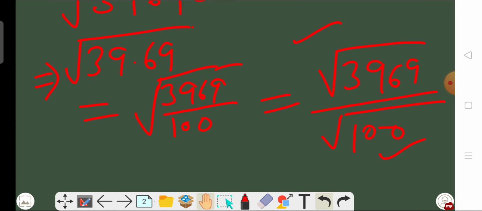For this, we can use any method which we want to apply. We will find the square root of 3969 by the prime factorization method.